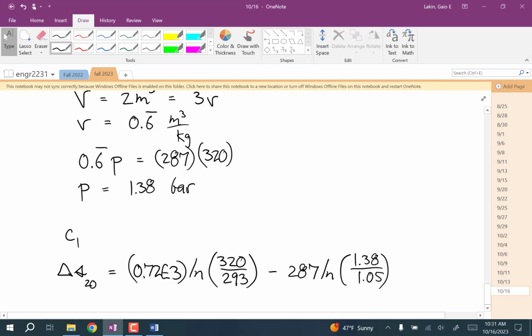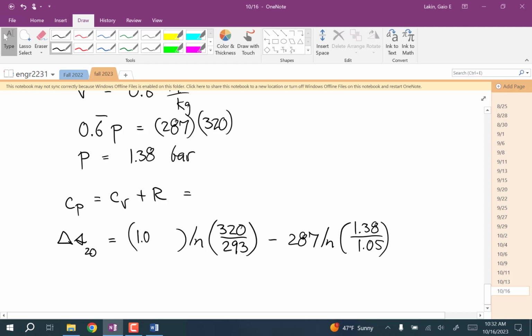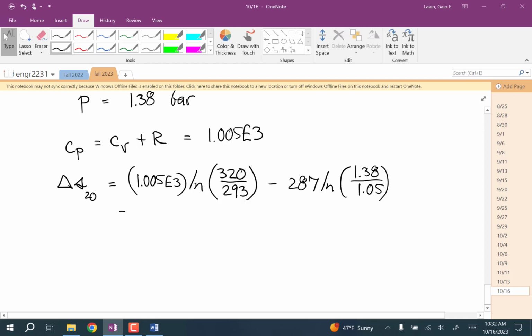So we know that CP is equal to CV plus R. And so CP here is 1.005 times 10 to the third. Can someone calculate this for me?